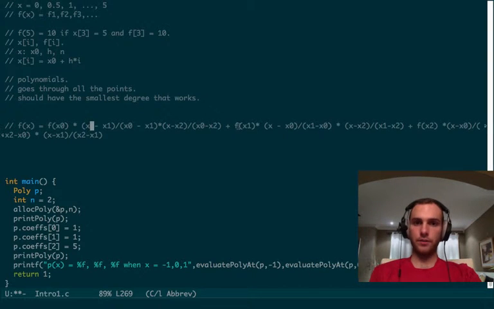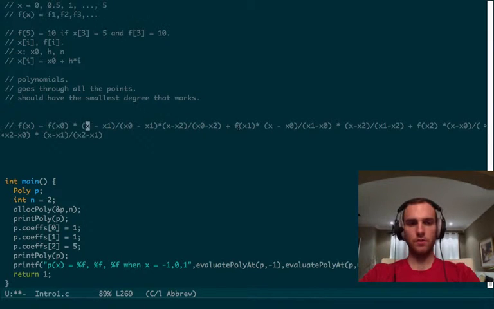You have 3 equations and 3 unknowns, and it's a linear system, so that's how you see it. So you have a polynomial expression which goes through all of the points, and it's the only one, and it's the smallest degree.